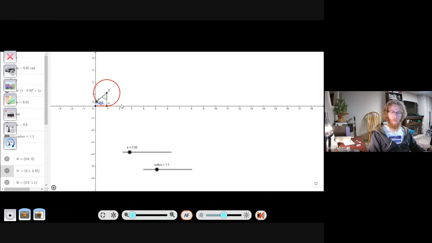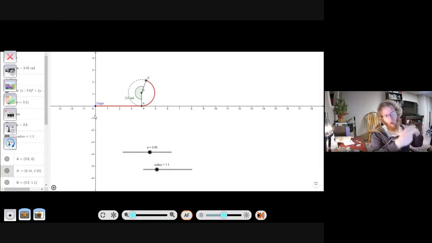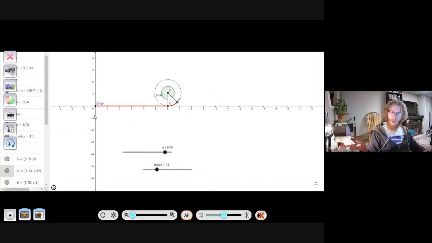So this representation would be more like a tire, right? So the tire of a car or a bicycle, as it spins, it has that angular rotational speed.